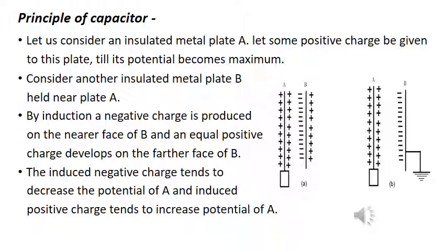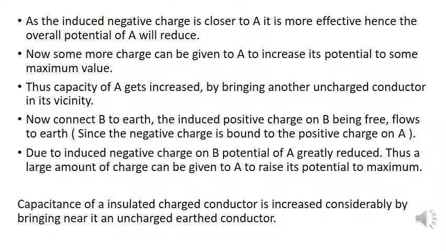The induced negative charge tends to decrease the potential of A, and the induced positive charge tends to increase the potential of plate A. As the induced negative charge of plate B is closer to plate A, the effect of these charges will be more, and hence the overall potential of plate A will get reduced.